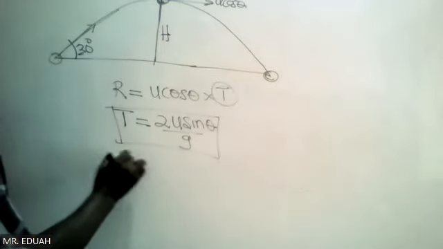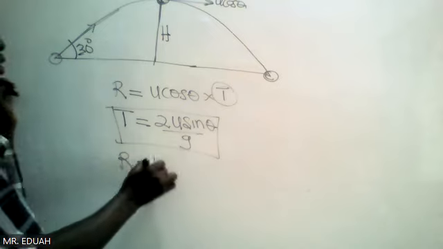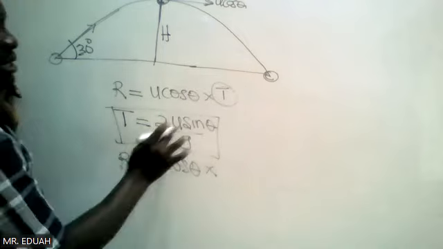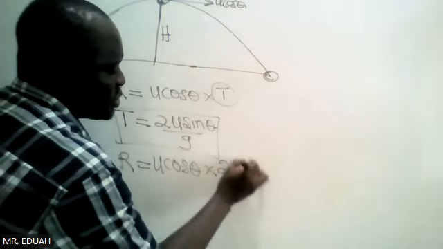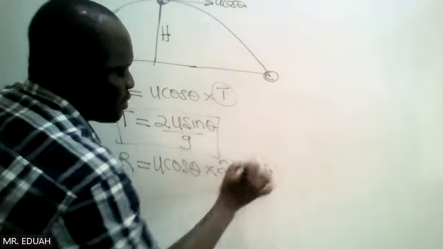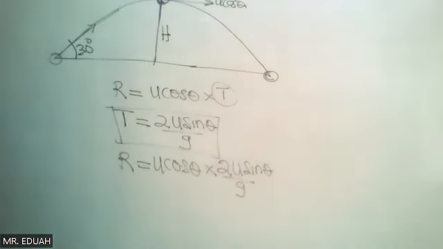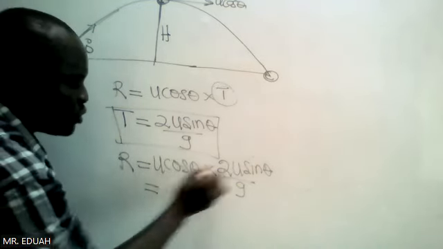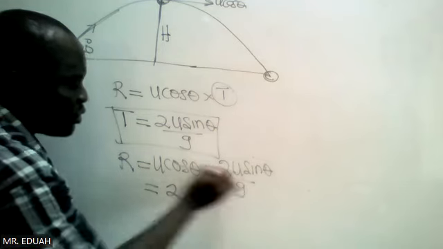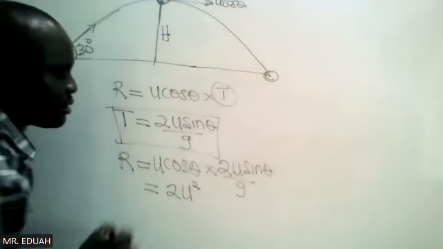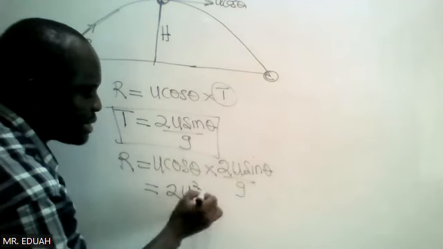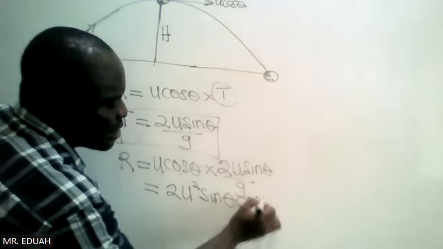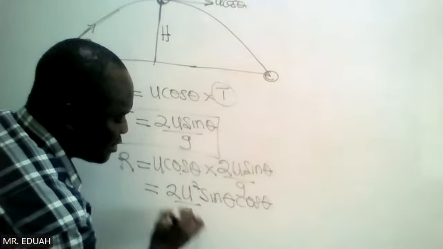So I can have R is equal to u cos theta times, now time of flight is this, 2u sine theta over g. When I put this together, I have 2 u squared sine theta times cos theta, all over g.